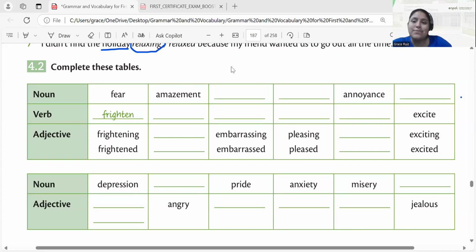The word amazement is a noun, okay? We're going to transform that word amazement into a verb, and that would be amaze, okay?